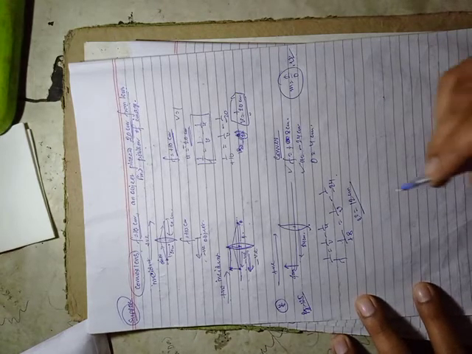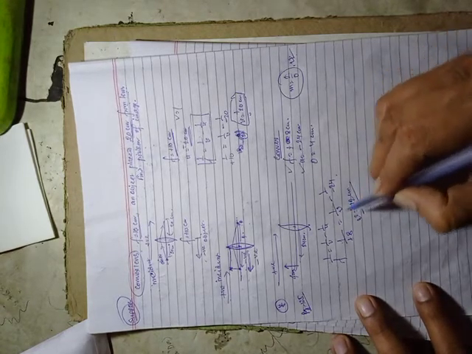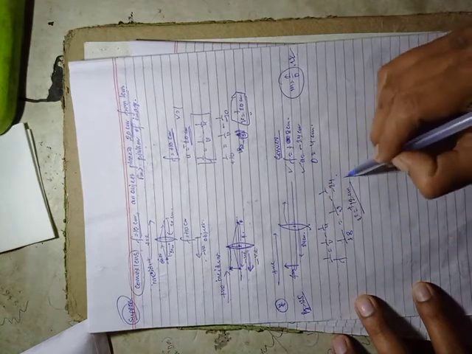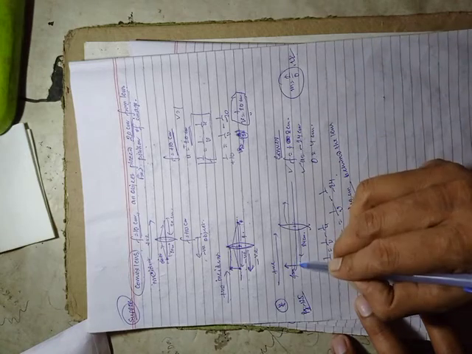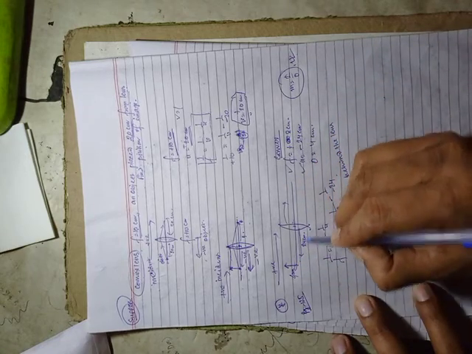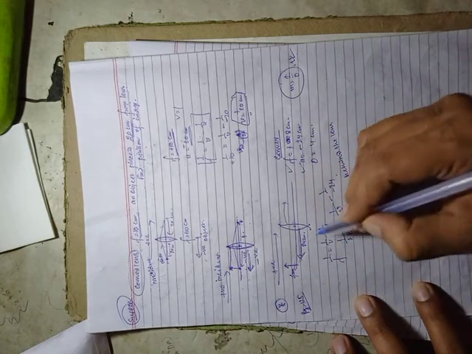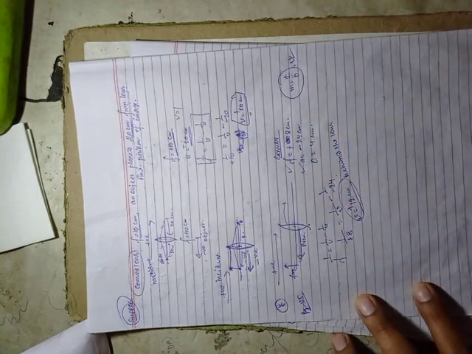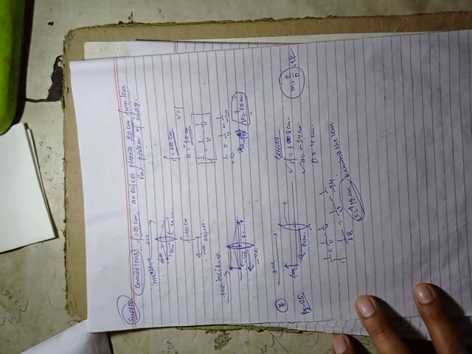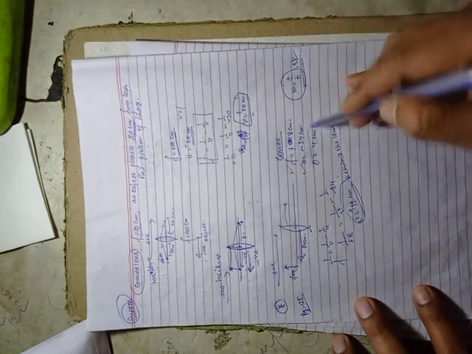The plus value means behind the lens. And the relation I by O, I am explaining next.